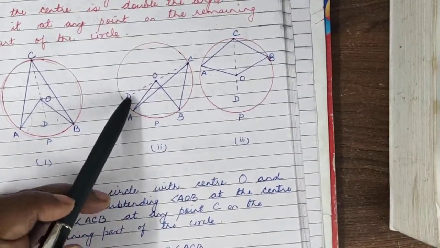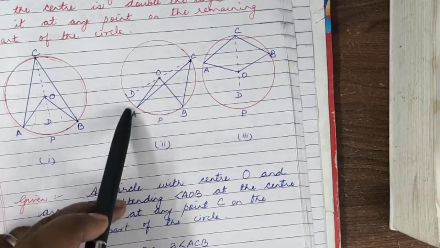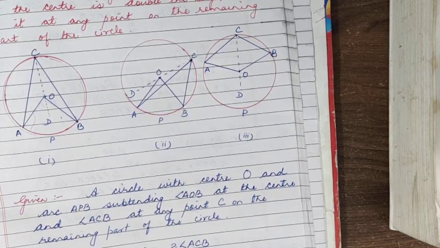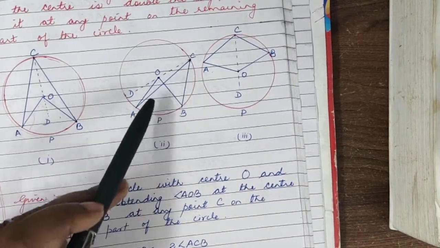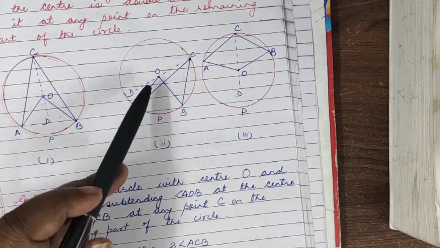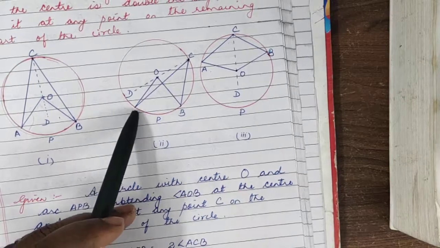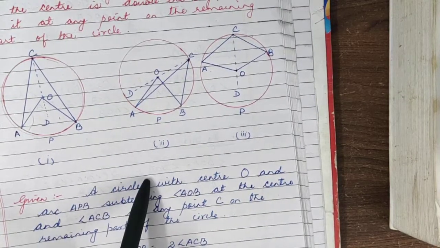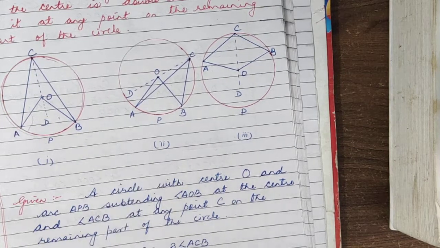So when you subtract DOA, this part, from the whole angle DOB, what is left? AOB is left, which is equal to twice angle OCA minus twice angle OCB. So you will get twice angle ACB. So again in the second part also we have proved that angle AOB equals twice angle ACB.